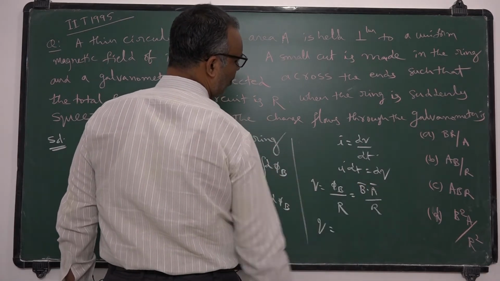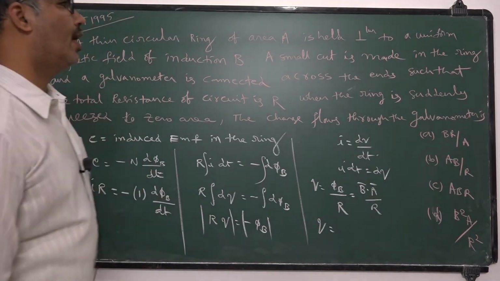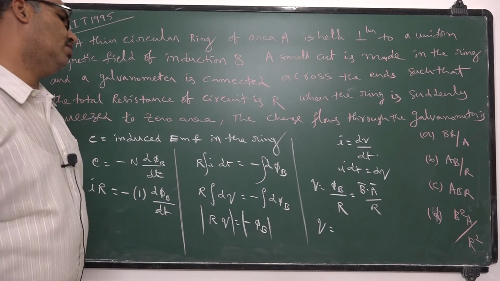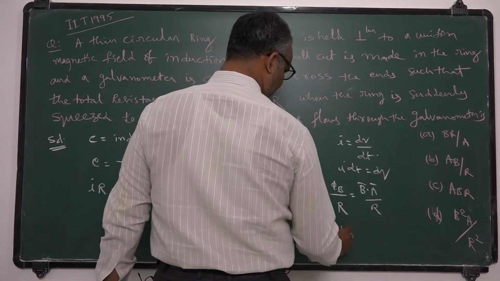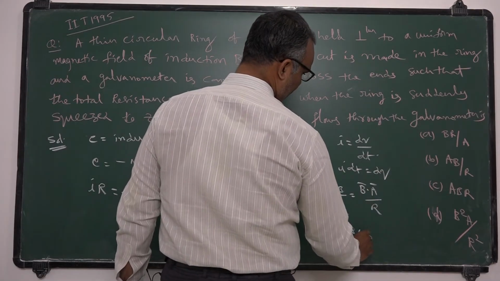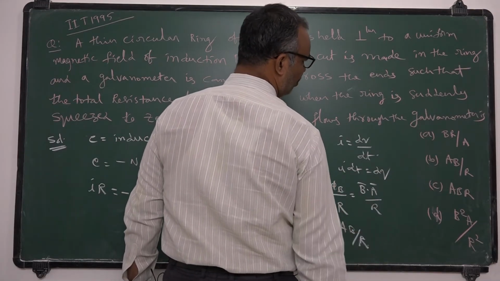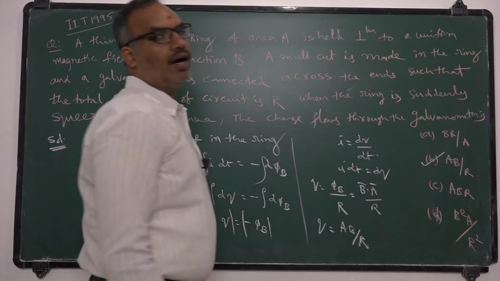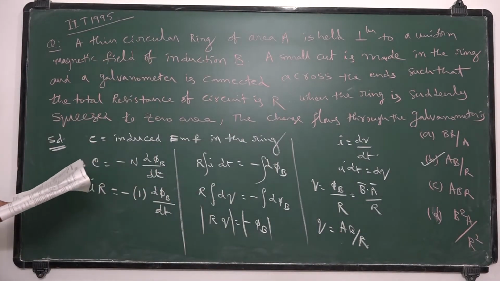But A and B are parallel to each other, cos 0 is 1. So AB by R will be the answer for the given question. Very simple answer it is.